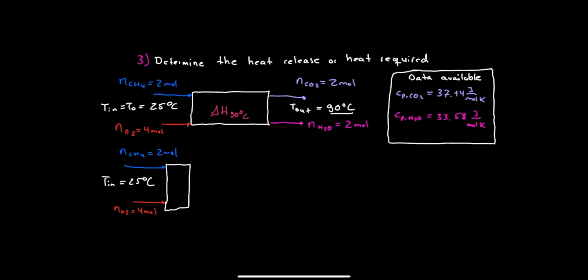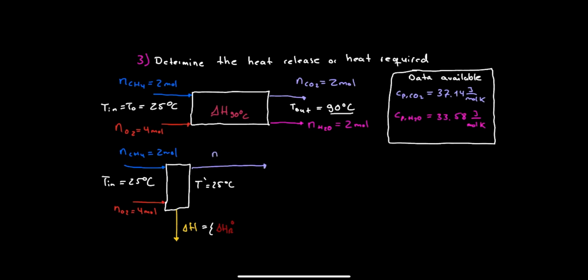Celsius. In the previous task, we calculated the heat release, which was the extent of the reaction times the reaction enthalpy at the standard conditions. Here we have no temperature increase, so we would have 25 degrees Celsius for the reaction.